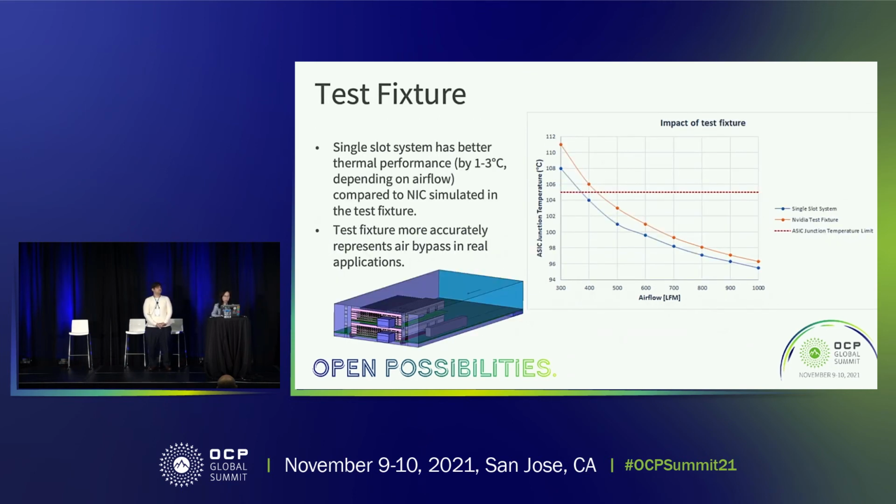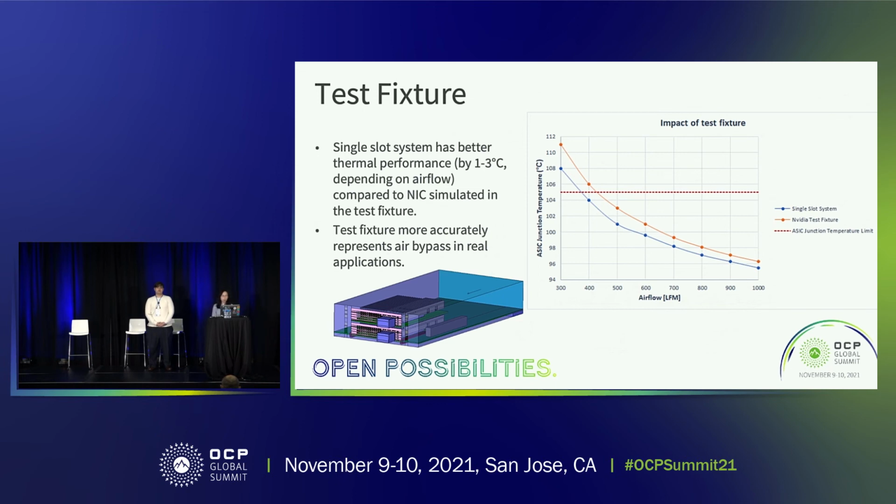The last parameter we want to talk about is the test fixture. In a normal thermal simulation environment, we tend to use a single slot model because it's easier to develop and easier to analyze, with the lowest mesh requirement. However, it has a limitation: it cannot really predict the bypass in the system and also the impedance from the system.